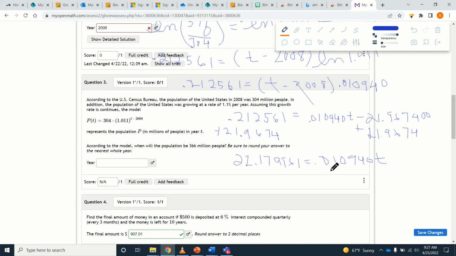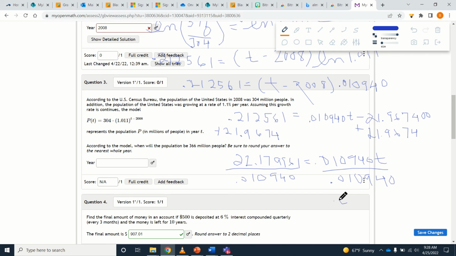So let's now divide out the number with t, and we will have the time, but we'll see that there's one thing we need to think about here. Or actually, maybe not. I think it's going to give us the exact year, but we'll see.